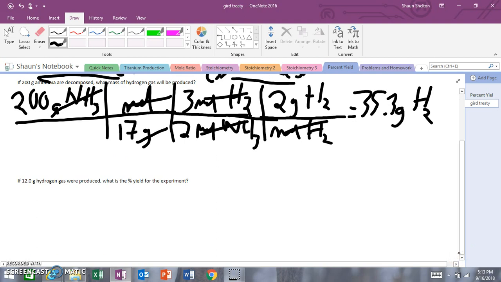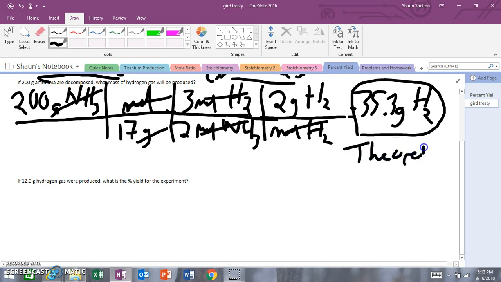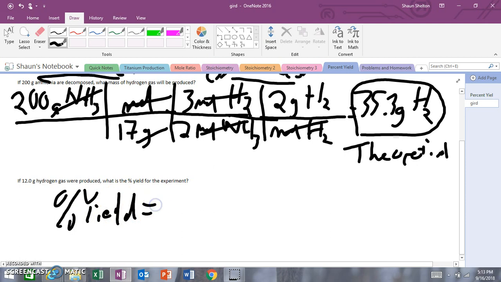So we move on to the next question. It says, if 12 grams of hydrogen gas were produced, what is the percent yield for the experiment? So we just calculated 35.3 grams of hydrogen. Remember, this is your theoretical yield. So we want to figure out the percent yield. Again, it's actual divided by theoretical.